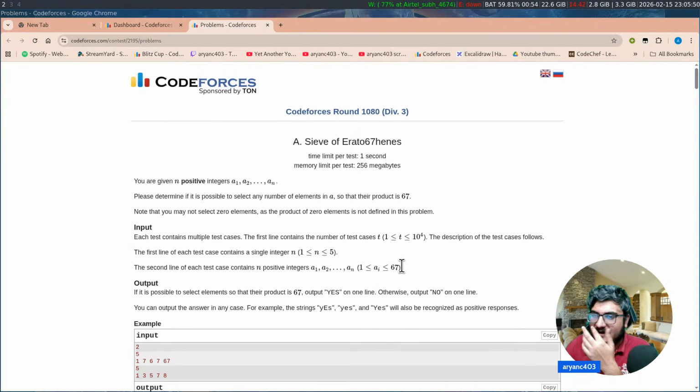There are many ways to do it. One is to form all the pairs and check if 67 exists in the elements, or check whether you have two elements in the array with product 67, and so on. You will probably have to write 5 for loops or something like that.